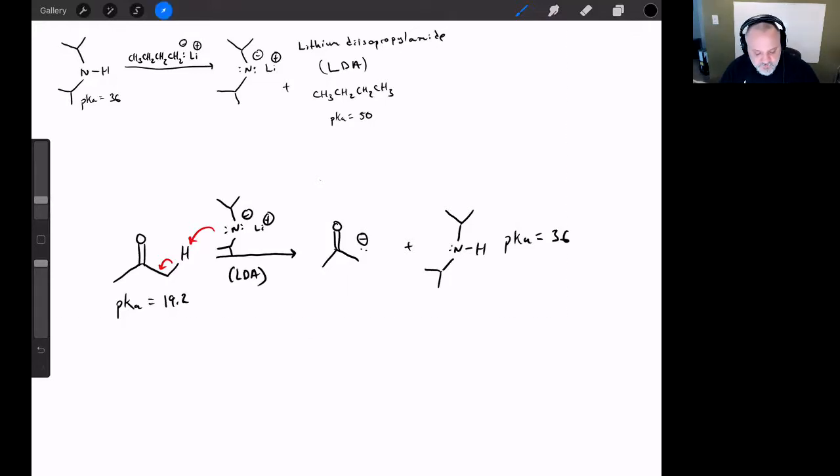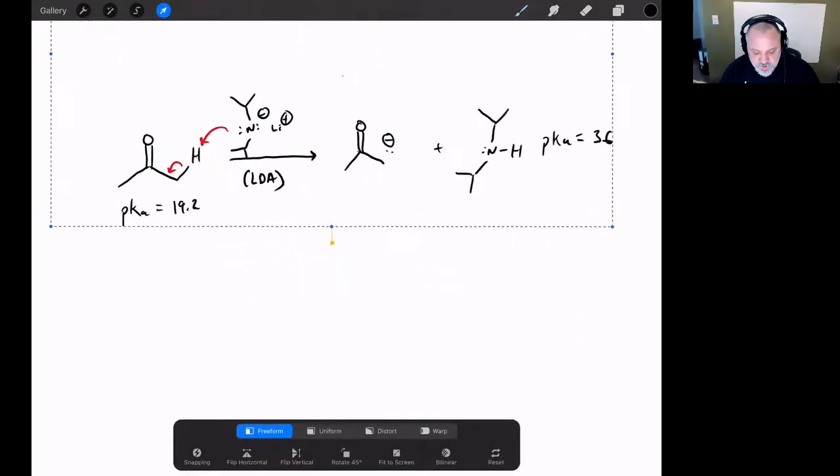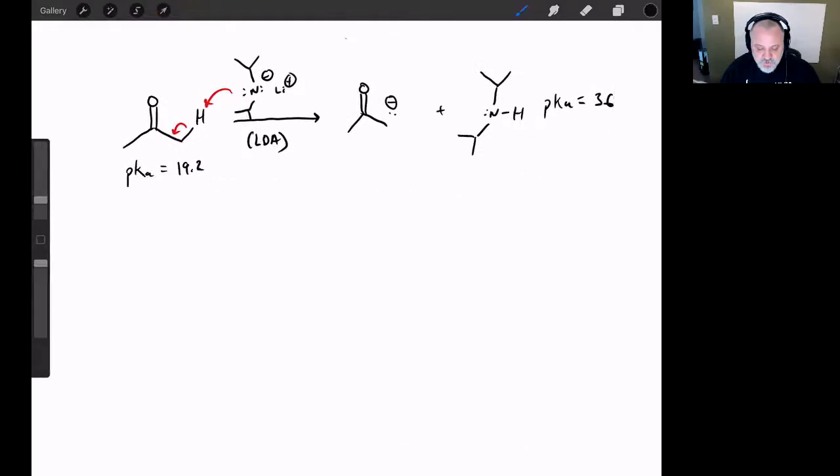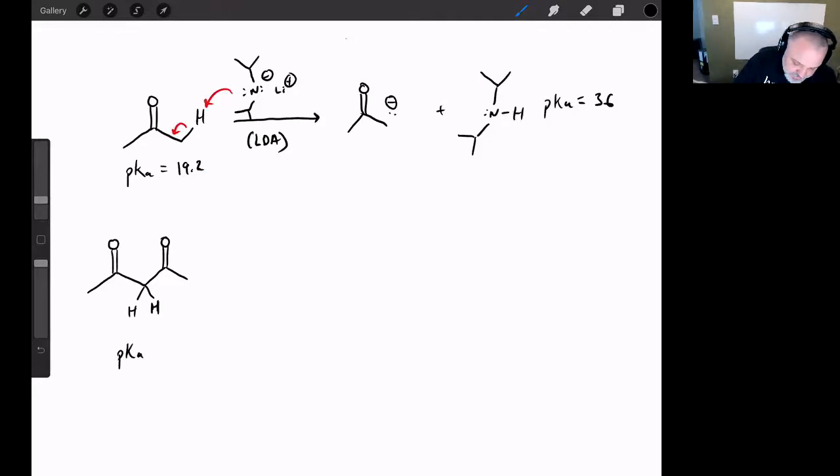Now, there is another situation to think about when it comes to enolate formation. There are cases when I have ketones like this, and I want to consider these hydrogens. Take a look at these hydrogens. The pKa here is actually around 9.